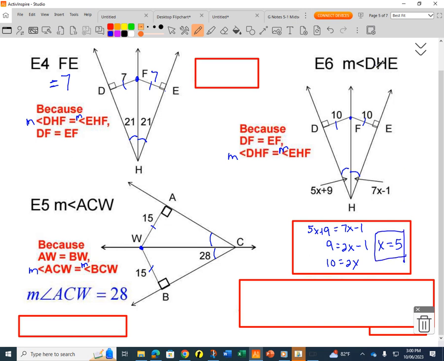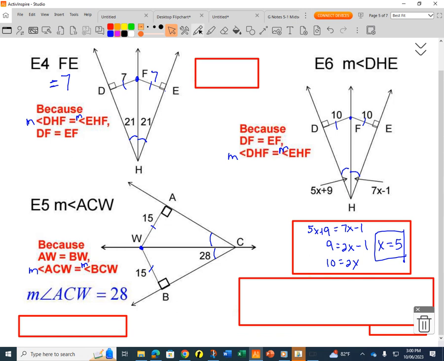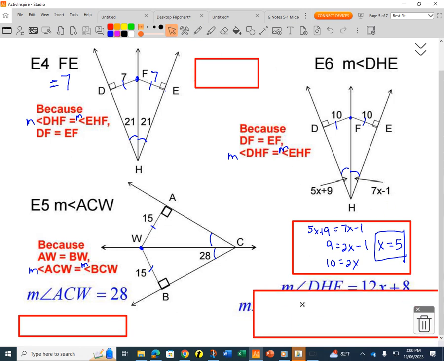I want to know the measure of angle DHE. So I can plug into either of these expressions and then multiply by 2. Let's see what it says.